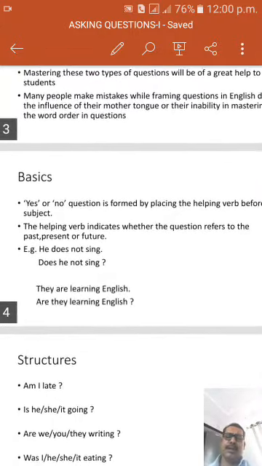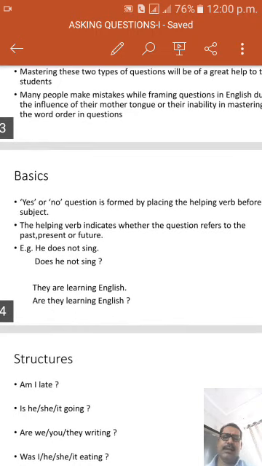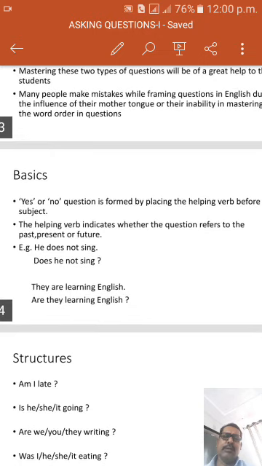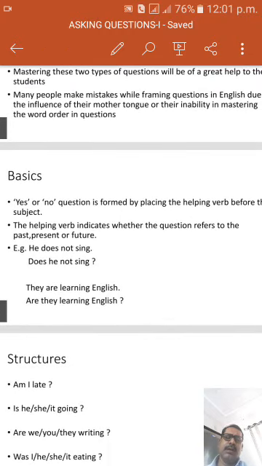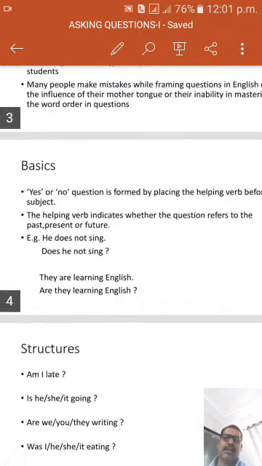In the next slide we stressed the questioning words in yes or no type questions that indicate the present tense, past tense or future tense. And these questioning words also state whether the subject is singular or plural.